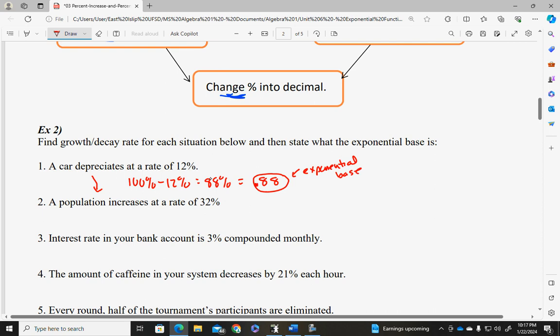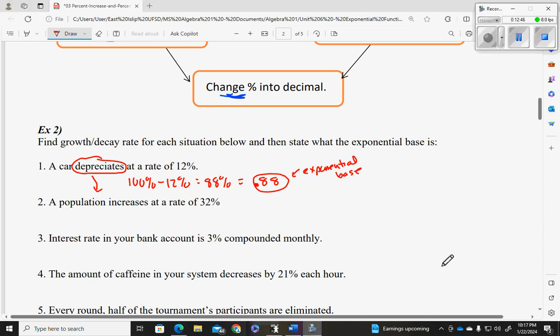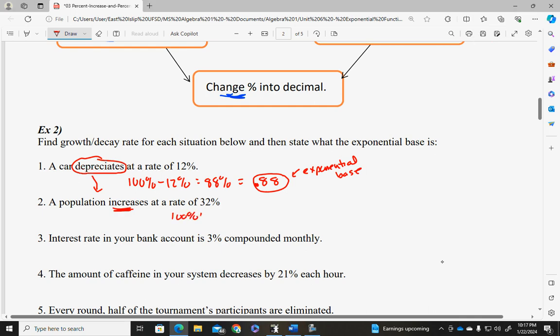So that's why it's so important for you to show the 100% add-on or the 100% subtract away, because it depends on this word that they give you, whether you're adding it or subtracting it. So number 2, a population increases. So that's 100% plus 32%, which is 132%. Change it to a decimal, 1.32.